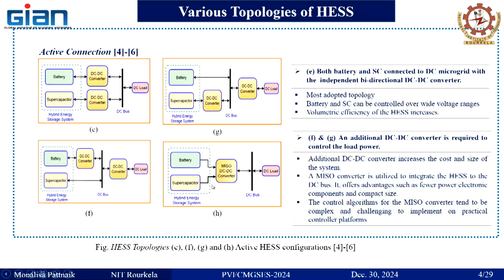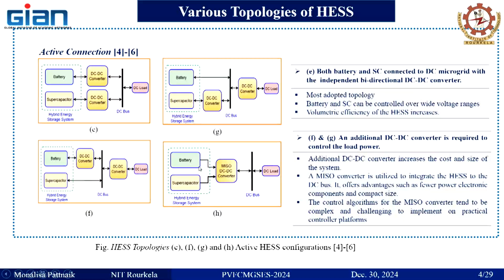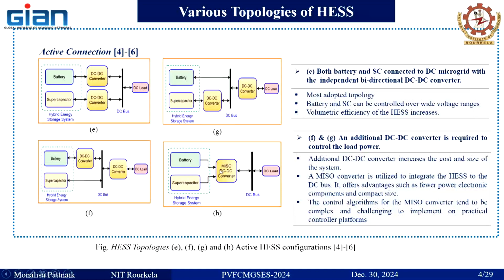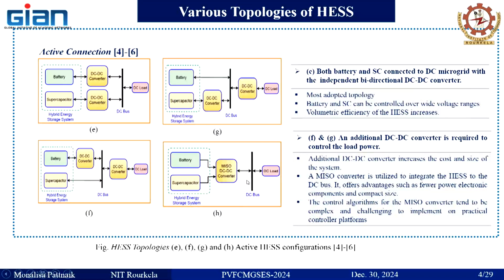Another one has a multi input single output system. Here the battery and supercapacitor are the two inputs connected through this DC-DC converter, this MISO system you can say. This is the advanced one which we have not worked with.